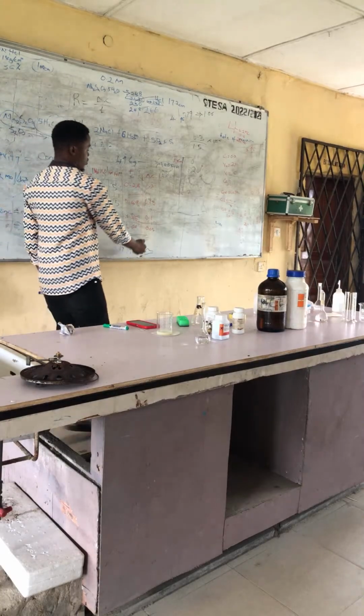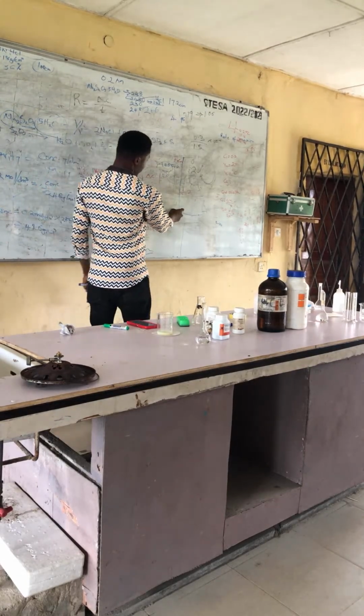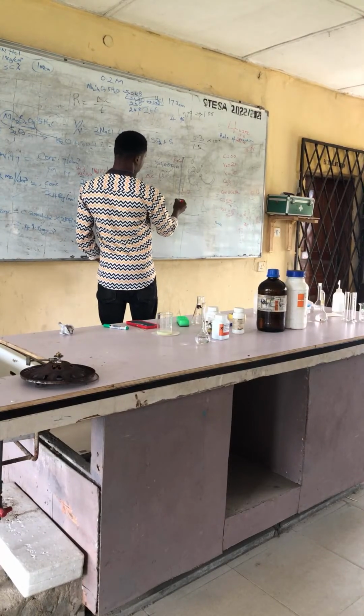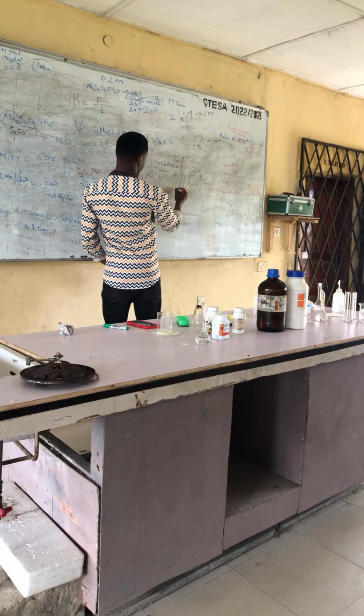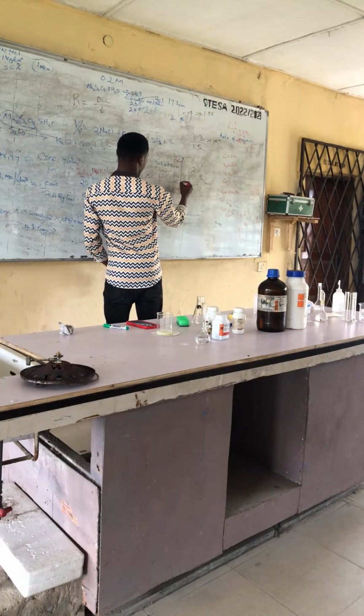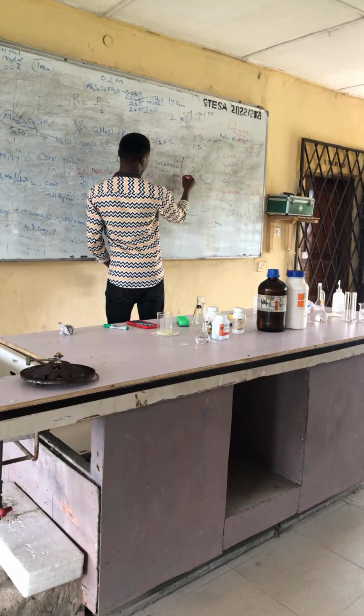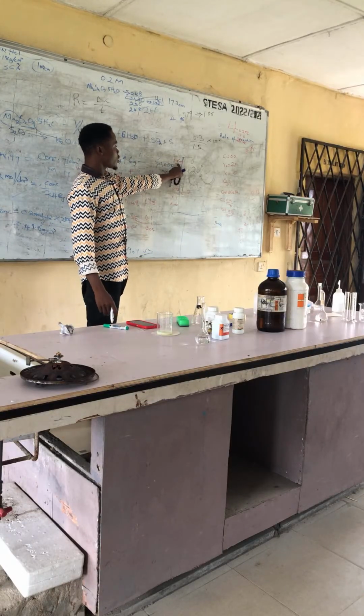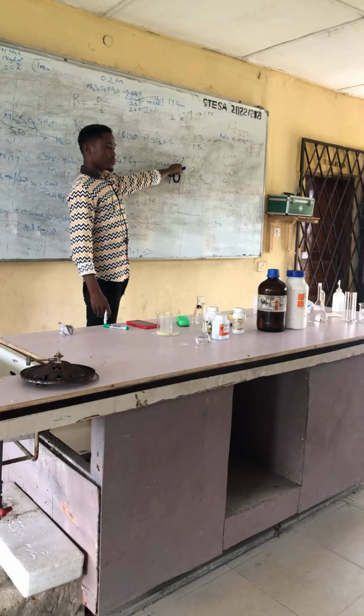So you use these values to plot your graph. For instance, you have a graph and I say 0.05, 0.1, 0.15, 0.2, 0.25. This is how your scale will look like for the different concentrations.